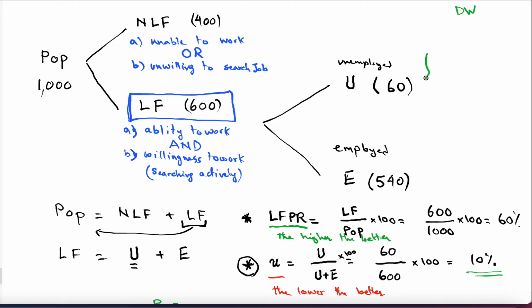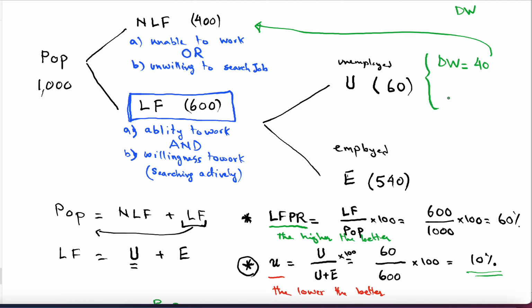Imagine that out of these 60, the discouraged workers are 40 people, which has already come and joined to here. They no longer search for a job. So they have already left, and after they leave, we have 60 unemployed, and the labor force is this.